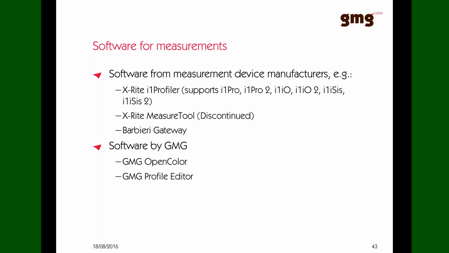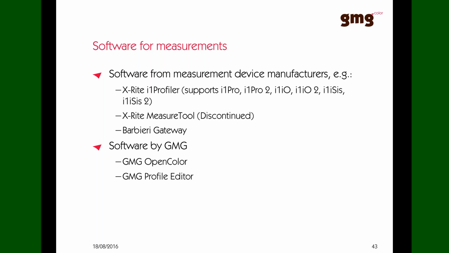When we are talking about software for measurements, most vendors of measuring devices also have their own software to measure using their device. For example, X-Rite has the i1Profiler, which supports X-Rite devices, for example the i1 Pro, i1 Pro 2, i1iO and 2 table, the i1 iSis and i1 iSis 2.